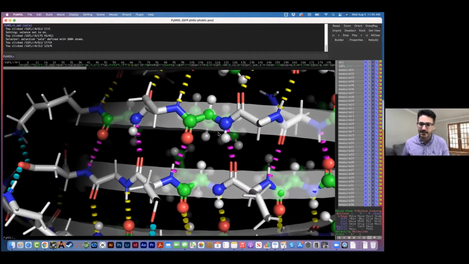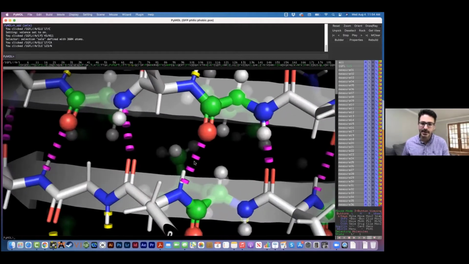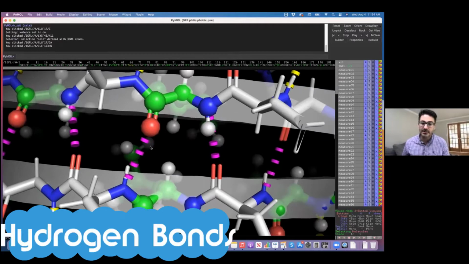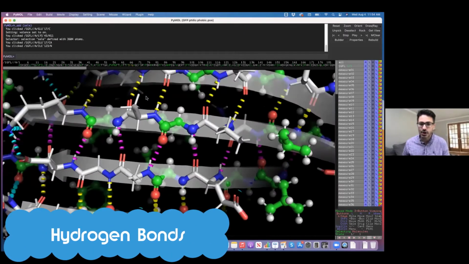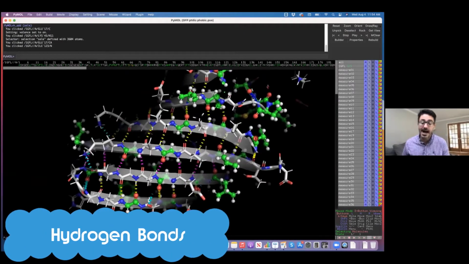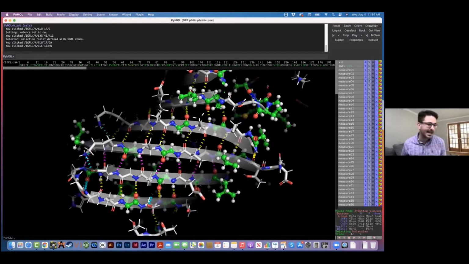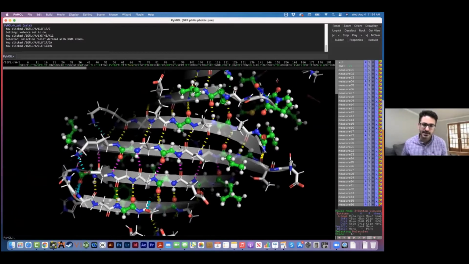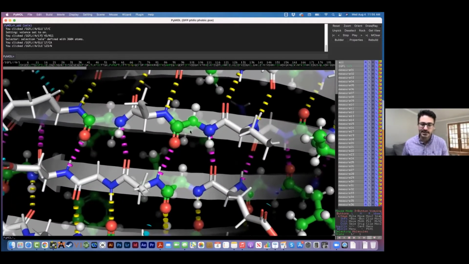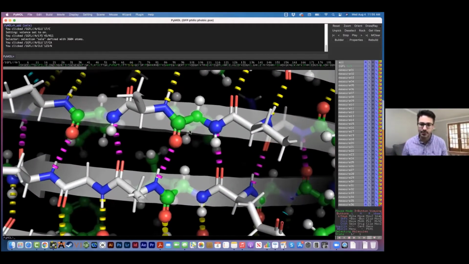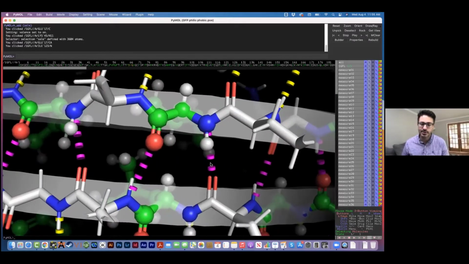People may know about covalent bonds and ionic bonds, but what are these dashed bonds? These are the hydrogen bonds, and these are so important in biology, because we are held together by hydrogen bonds. DNA and RNA are held together by hydrogen bonds. That's very famous, but also proteins, and proteins do everything that's important in a cell. So it's important to know about hydrogen bonds.